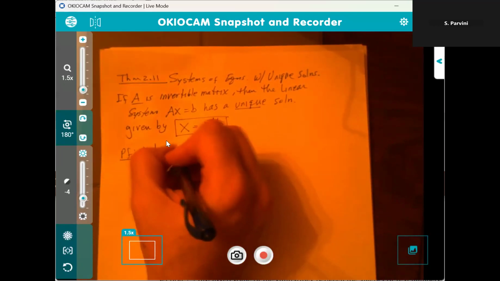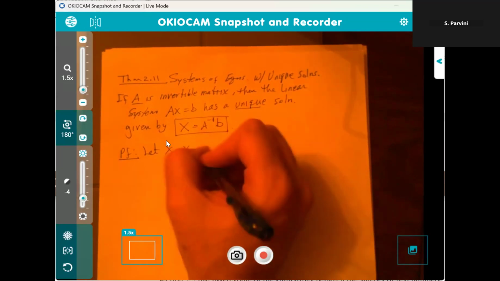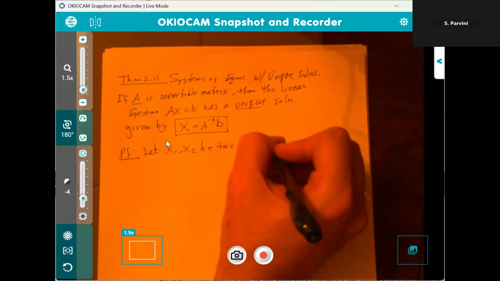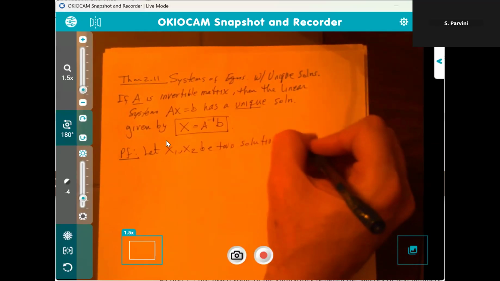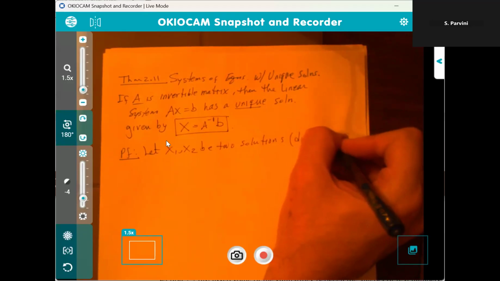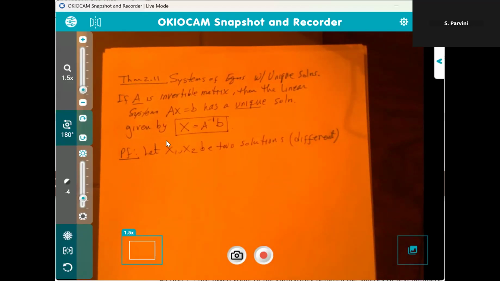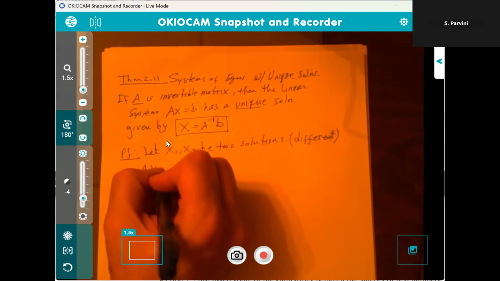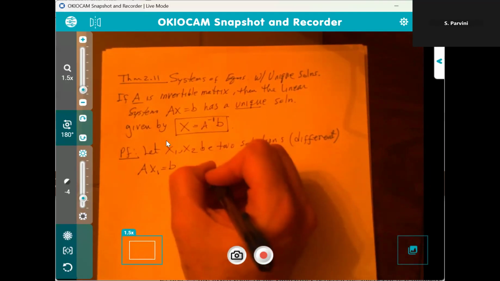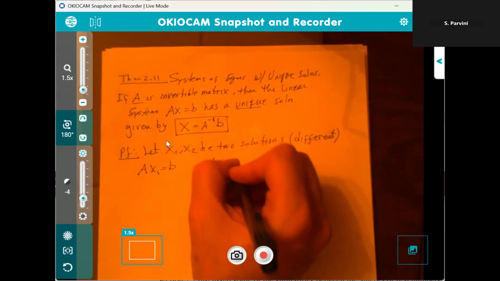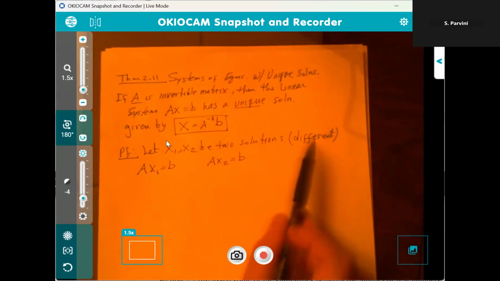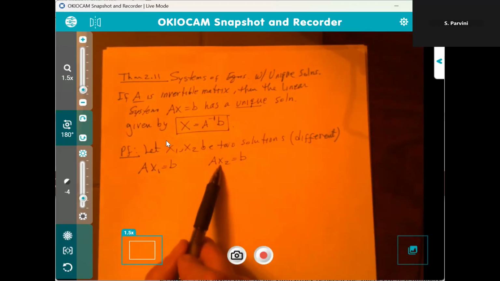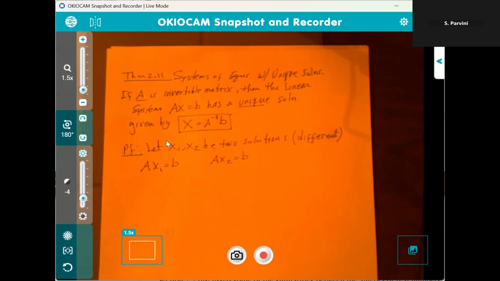We're going to let x1, x2 be two different solutions. Now, that means Ax1 is equal to B, and on the other side, Ax2 is B, right? If there are two different solutions, then this is a solution to that system, and so is this one. That means I can write them like that.